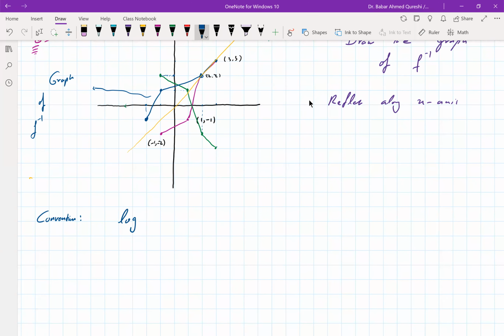When people write log, it means log to the base e, or what some people call ln, natural log.